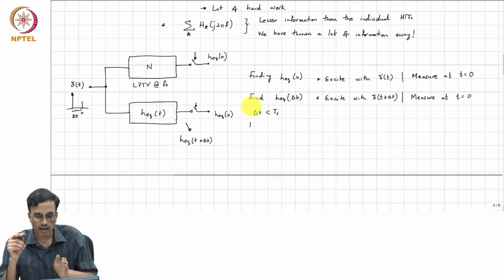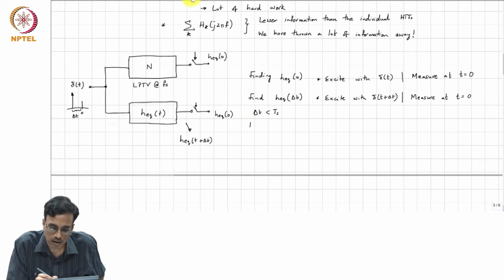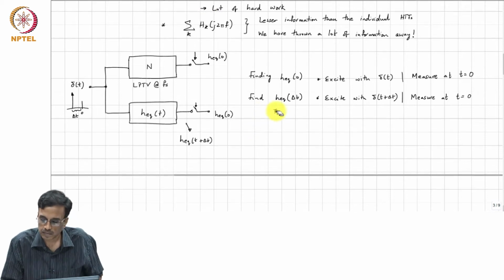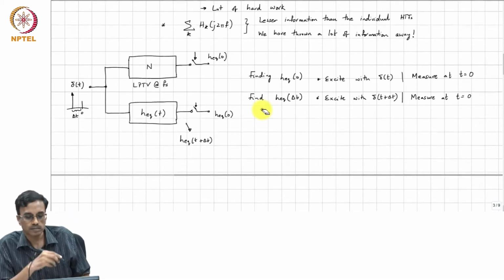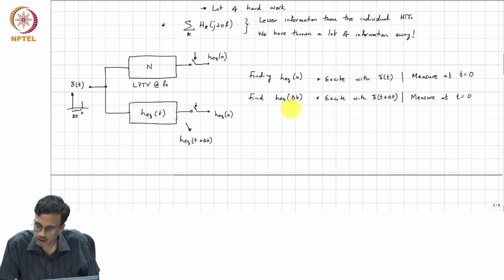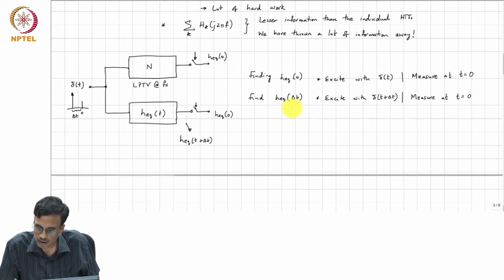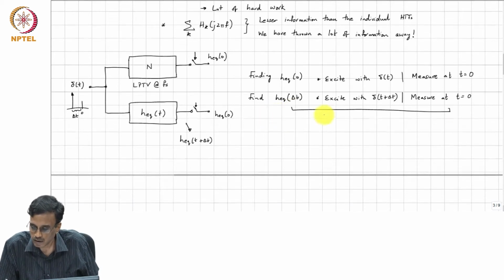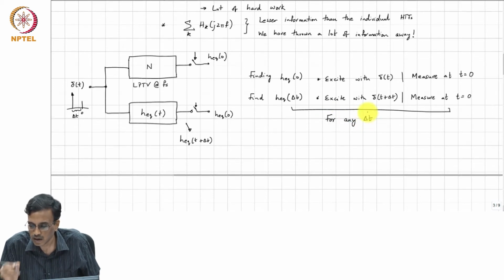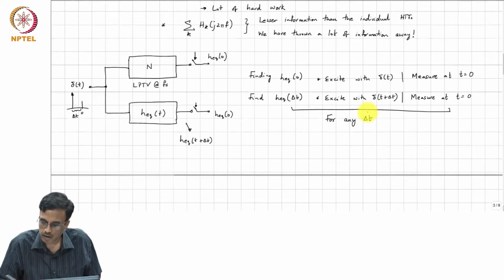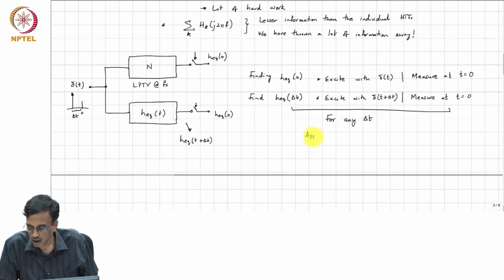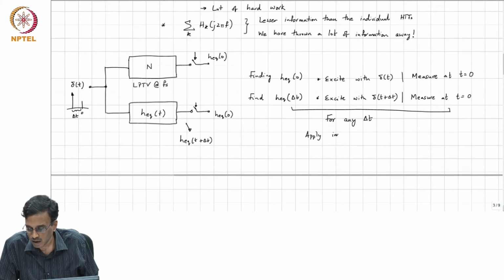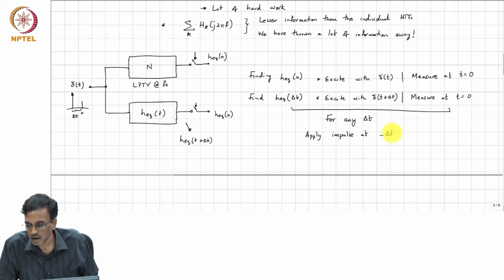Does it make sense? Right. So, therefore, for any delta t, apply an impulse at minus delta t.